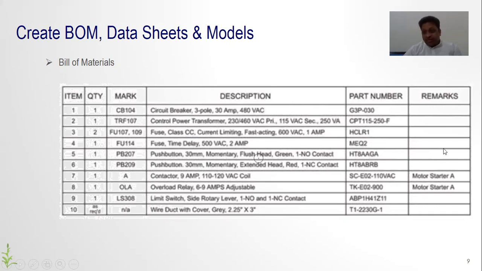Then there shall be remarks, like motor starter A. So here, item number 1, quantity 1, CB104, circuit breaker, 3 pole, 30 ampere, 480 VAC. The part number is G3P-030. Like that, there is a list of items required for 1 assembly.